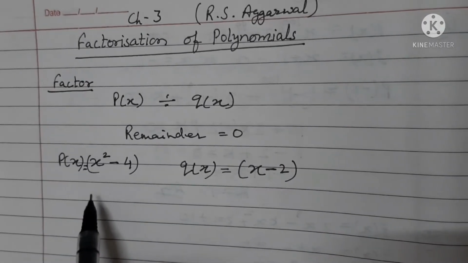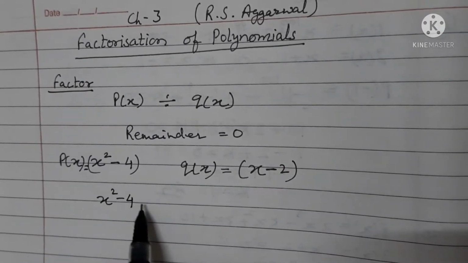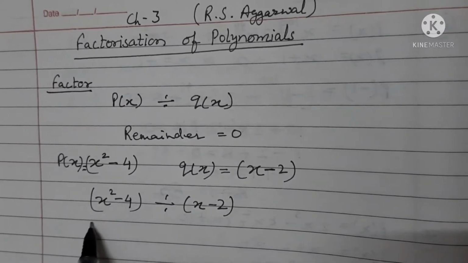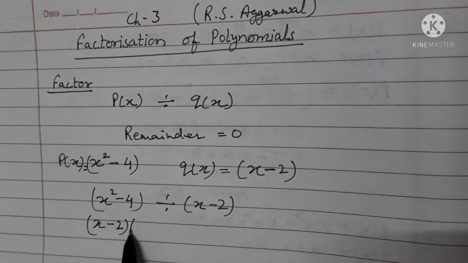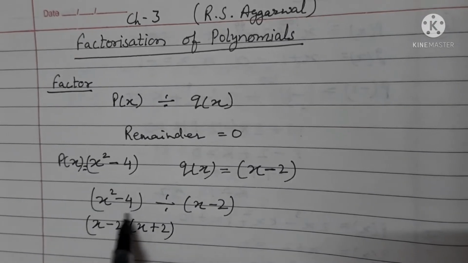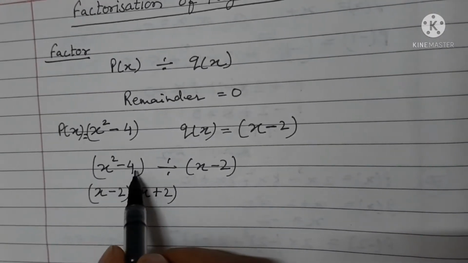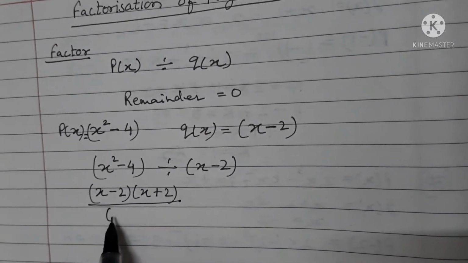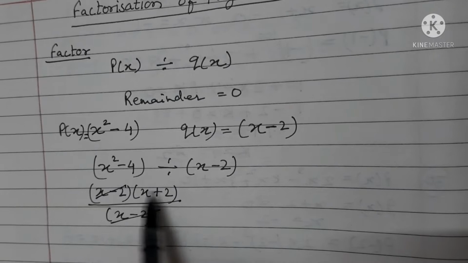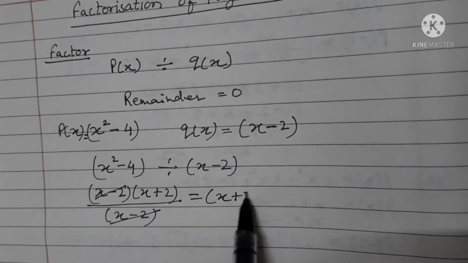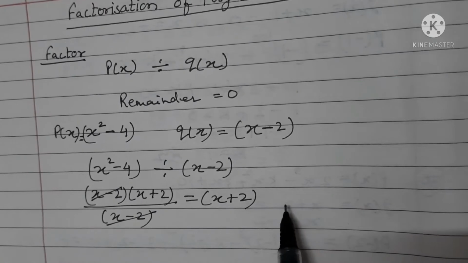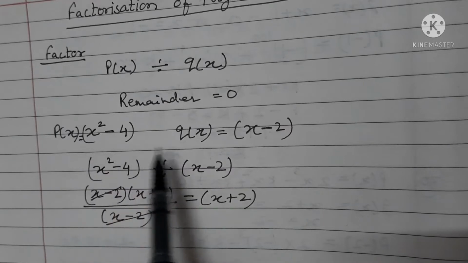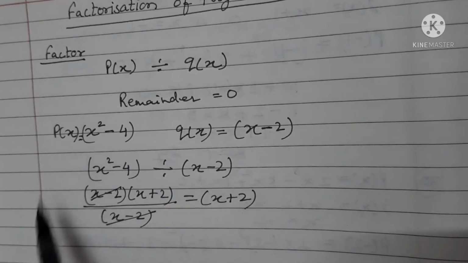So x square minus 4 divided by x minus 2: you can write x square minus 4 as x minus 2 times x plus 2, and dividing by x minus 2 cancels it, so it divides exactly. So x minus 2 is a factor of x square minus 4. It means Qx is a factor of Px.